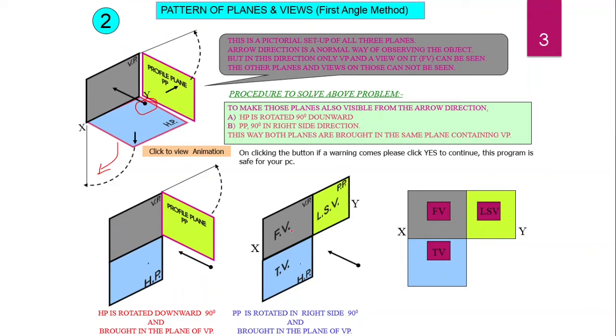Here the front view is in the VP, and this is the left side view of the object in PP. Here the HP is below the VP, and the top view is always below the vertical plane.